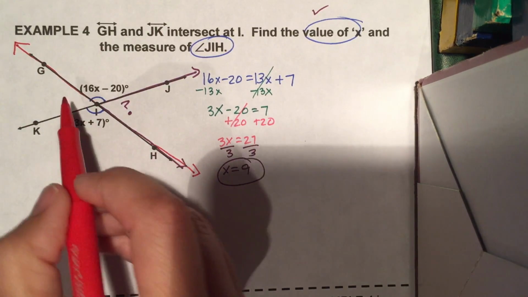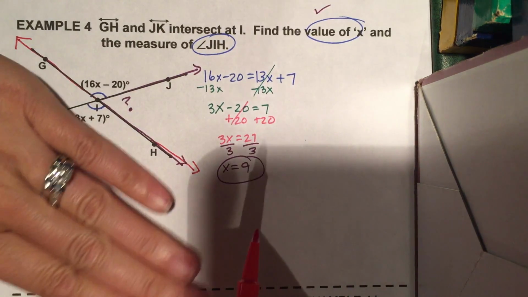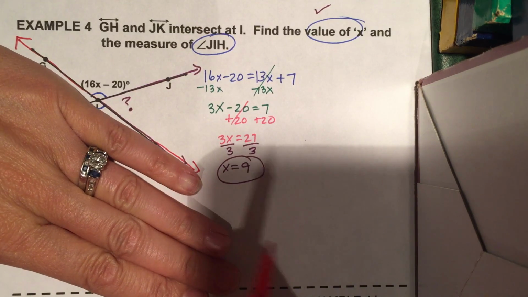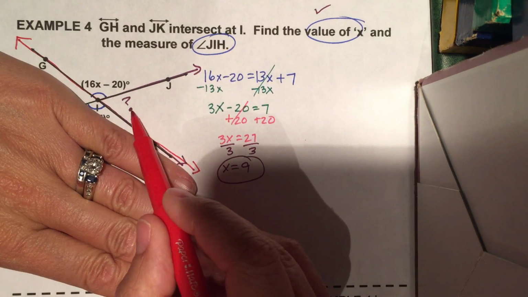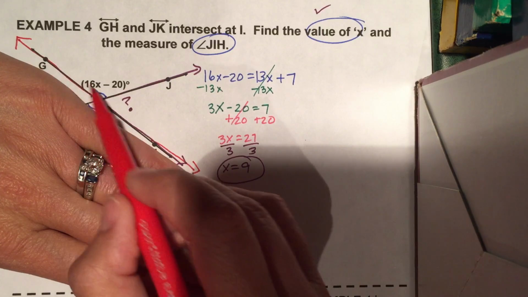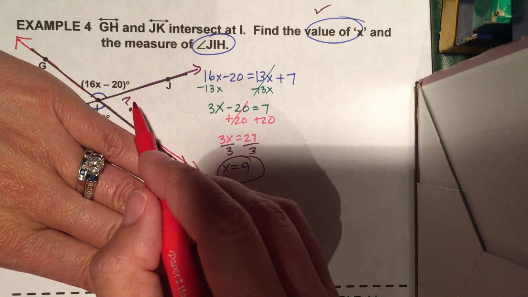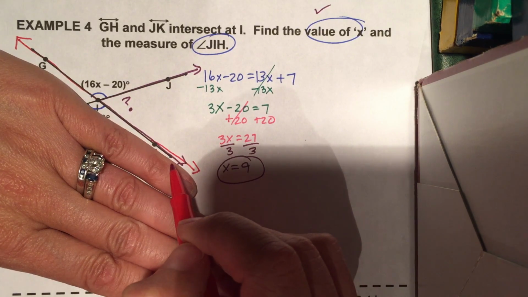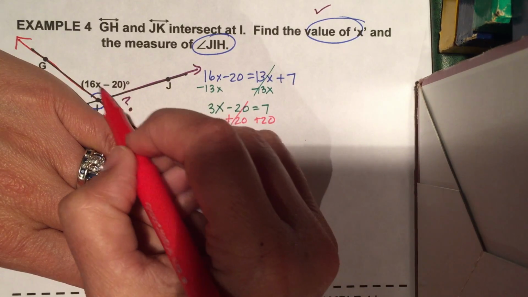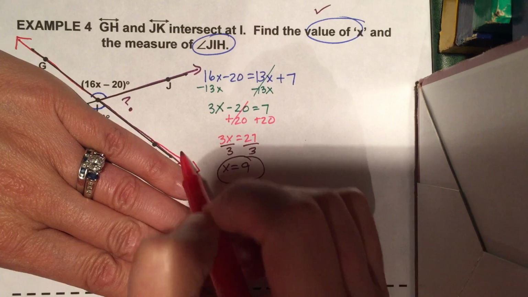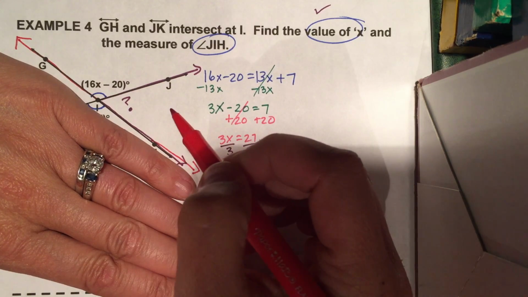You see how JIH, which is the one we're looking for, is right next to JIG? And what do those make? Those make a linear pair, right? So what do they add up to? 180. So if I know JIG, I can find JIH by subtracting from 180.